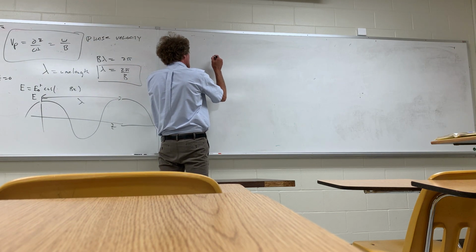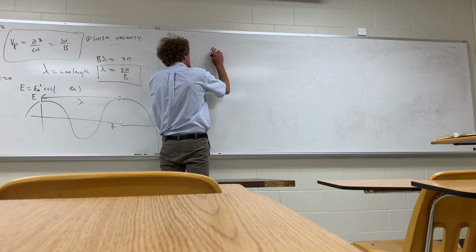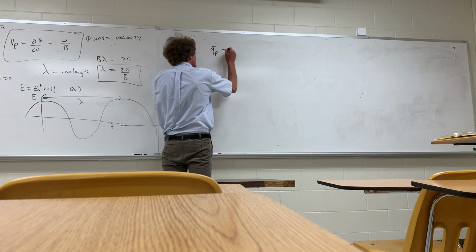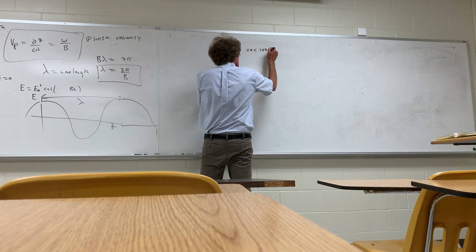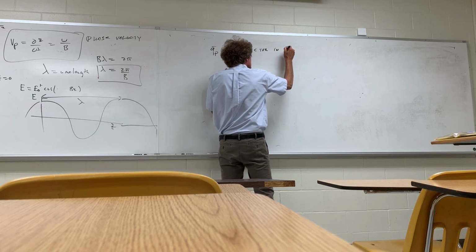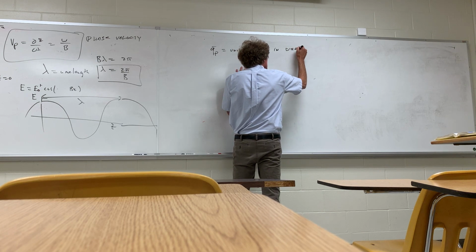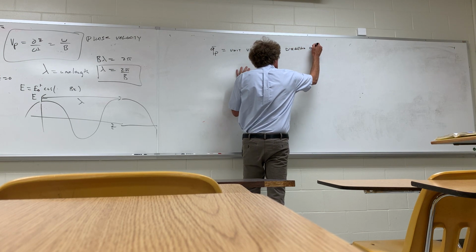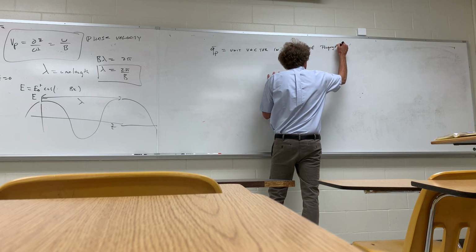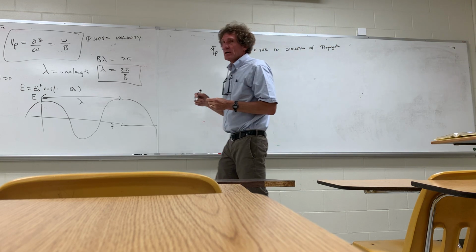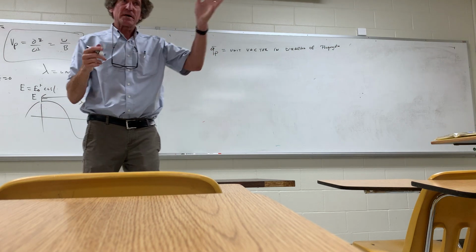All right, first we talk about a sub P, which is a unit vector in the direction of propagation. A unit vector has a magnitude of 1. The direction is the direction the waves move.